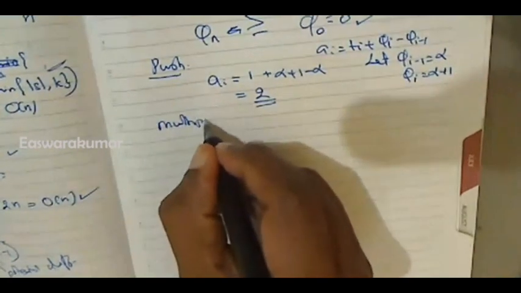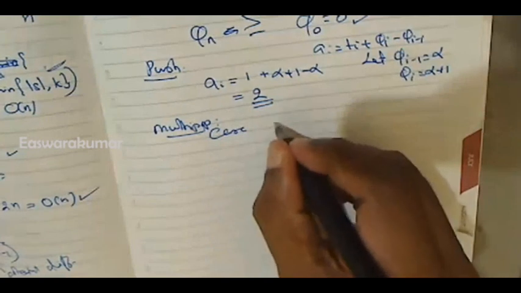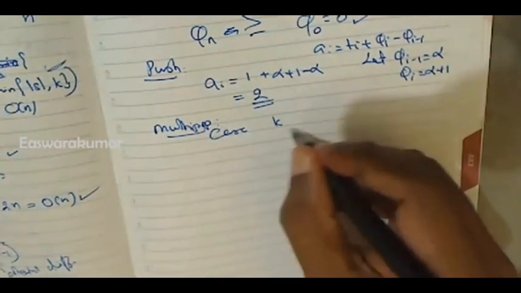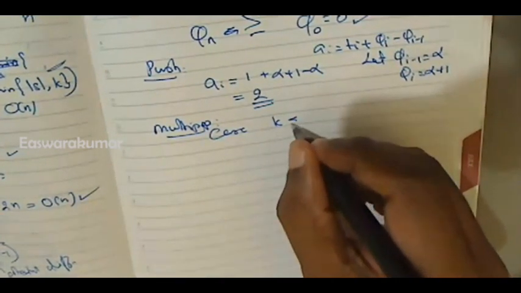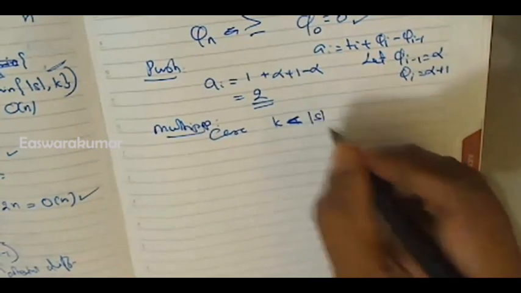Then the other instruction is multi-pop, and there are 2 cases. The first case is that the number of elements we try to remove, k, is less than the number of elements inside the stack.